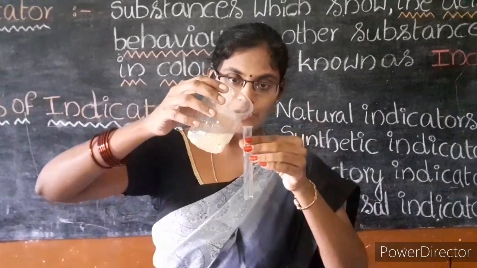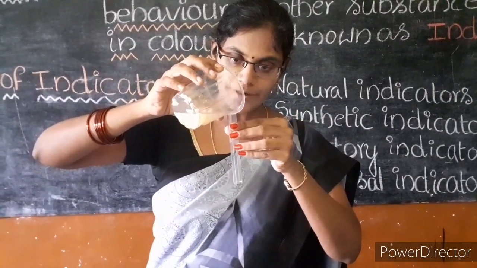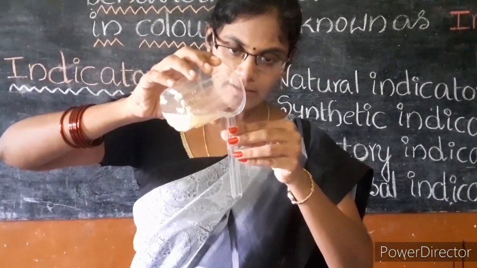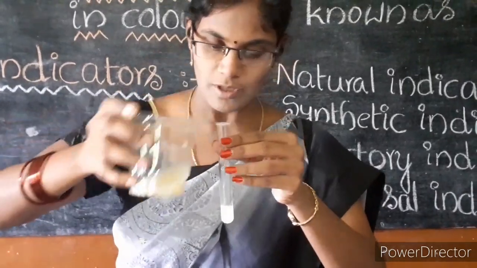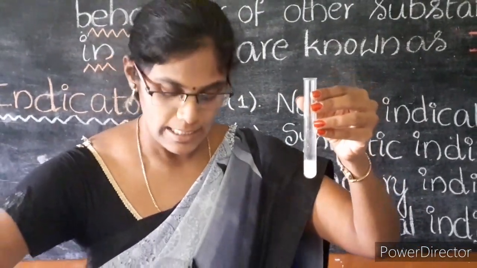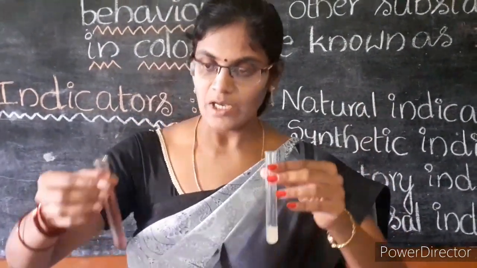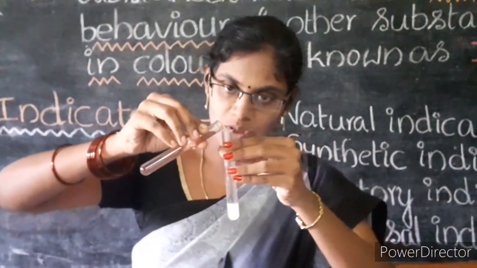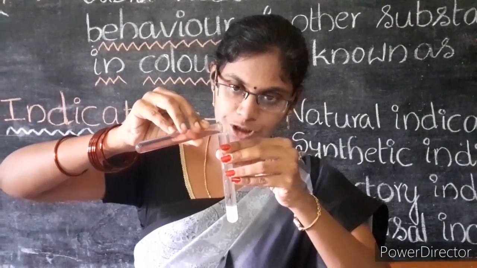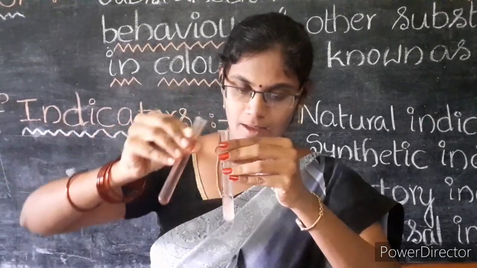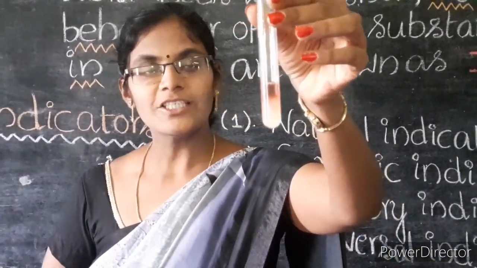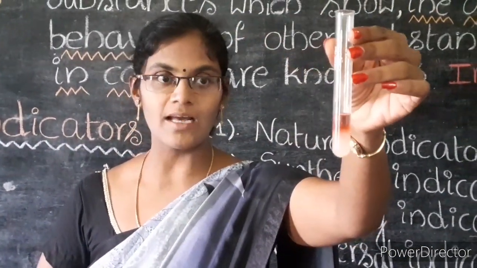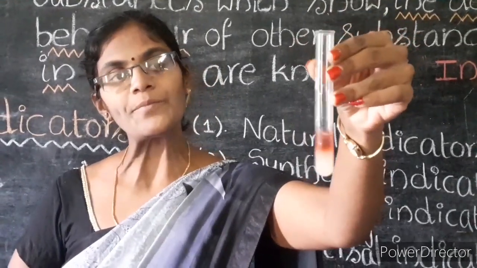Take a test tube and add a small quantity of lemon juice, and pour a small quantity of China rose solution into the lemon juice. Children, can you observe any change in the color of the solution?